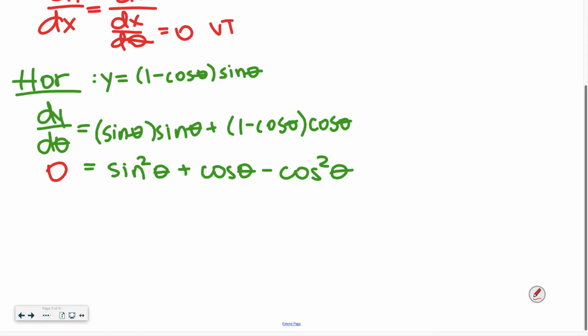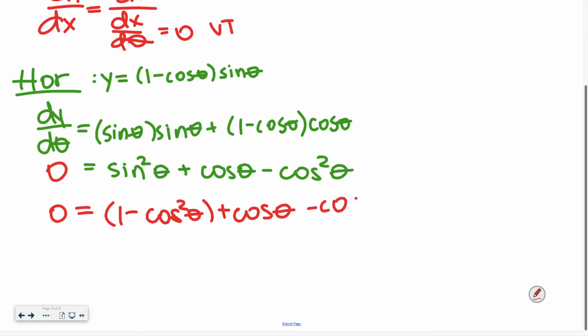So let's take sine squared, and we can change it to what? 1 minus cosine squared.